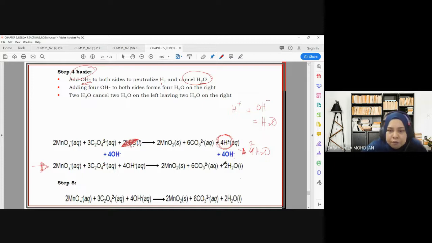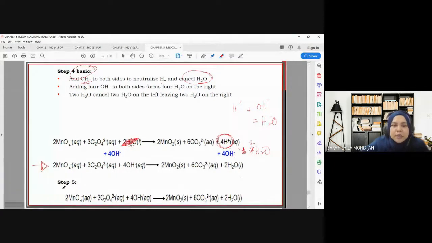Step number 5 is to double check the charge. Okay, kita double check charge. Okay, so 2 darab -1 tambah 3 darab -2 tambah 4 darab -1. So now in the reaction dah tak ada H plus, tapi apa yang ada is OH negatif sebab dia dalam basic. So itu function dia.